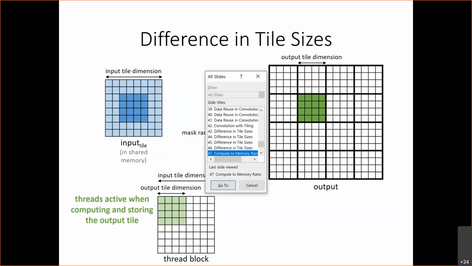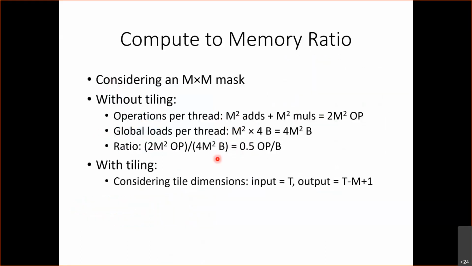So to summarize, if our input tile dimension is t, on the slides I'm doing it in terms of the input tile dimension, but it's the same thing. The final result is the same in terms of the ratio. So if my input tile is t, my output tile is t minus m plus 1.